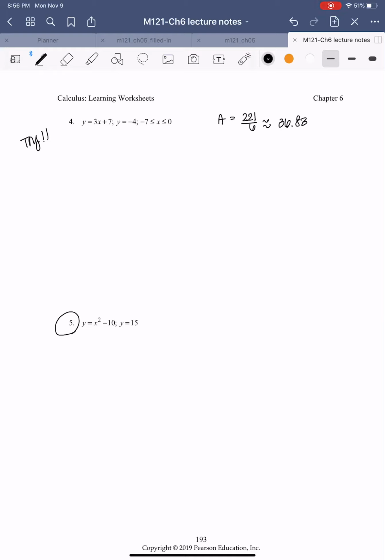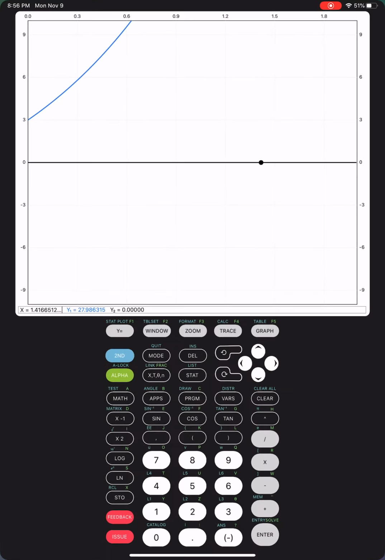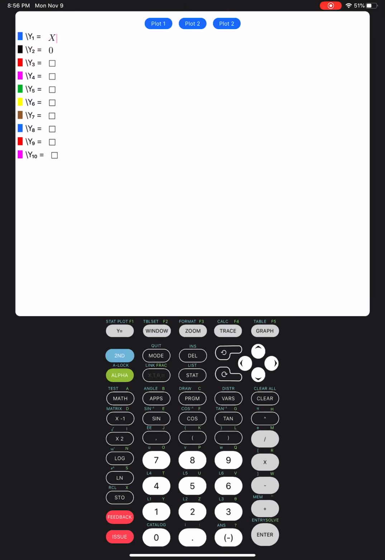So number 5, let's graph these two. We have x squared minus 10, and then we have 15. Because it's going all the way up to 15, I want to adjust the window to y max maybe 20.